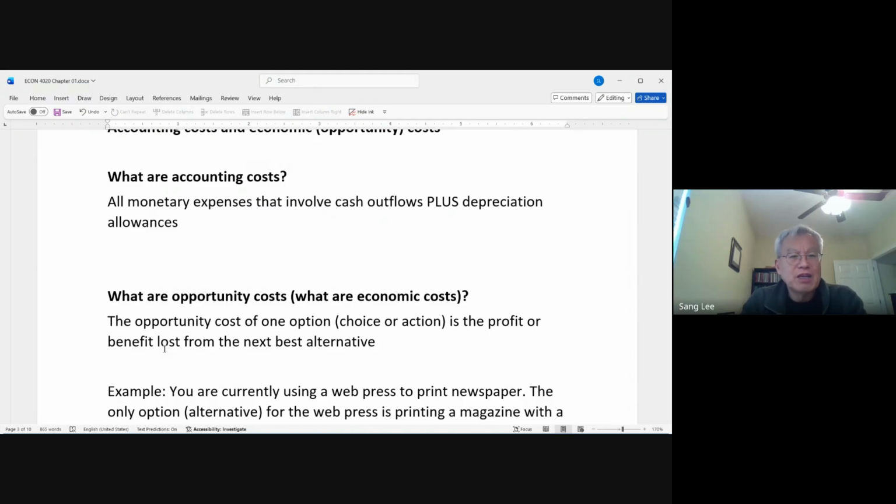Okay, think about this. You and your friends are talking about having a nice trip during the spring break. Well, you thought about it and figured out all the expenses that you might have to incur for the trip.